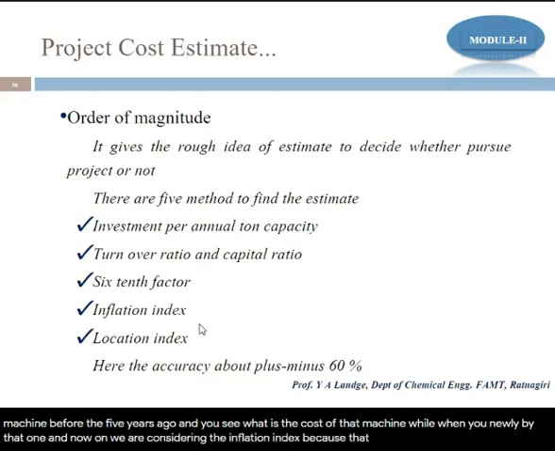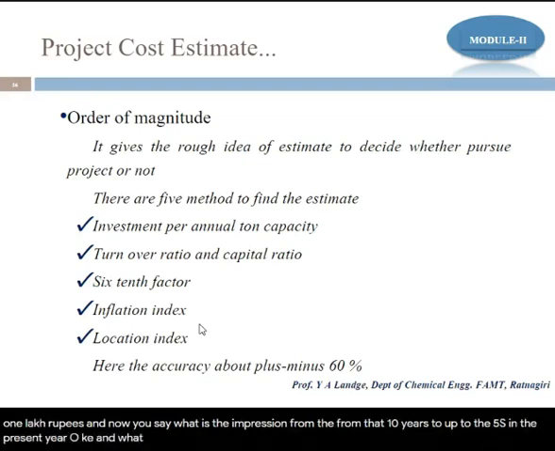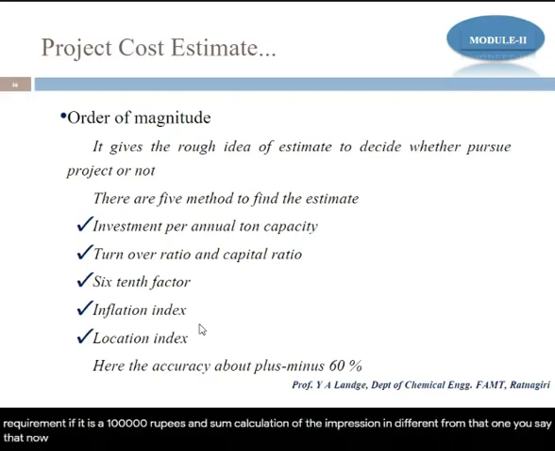At that time, if the machine cost was 1 lakh rupees, you ask what the inflation is from that year to the present year, and on that basis we consider the prices of the equipment. It means if it was 1 lakh rupees, after some calculation of the inflation index you say that now the machine is approximately 1,25,000. So that is the rough budget that you take in the order of magnitude.